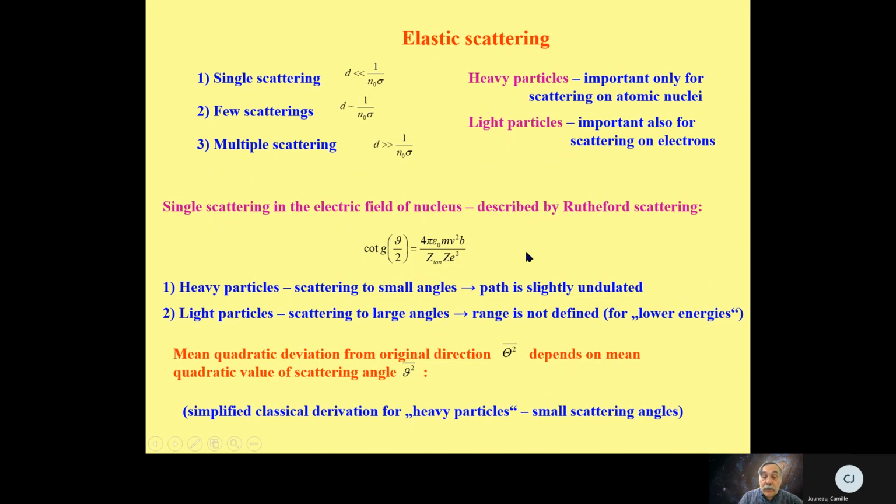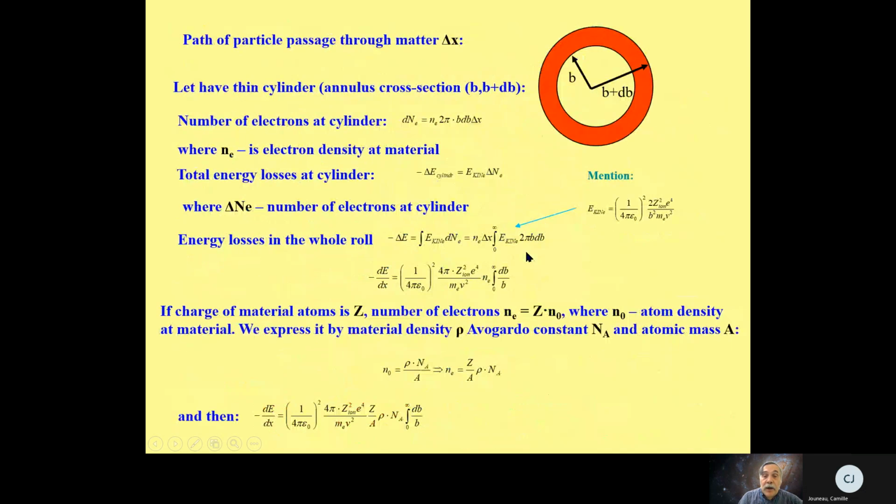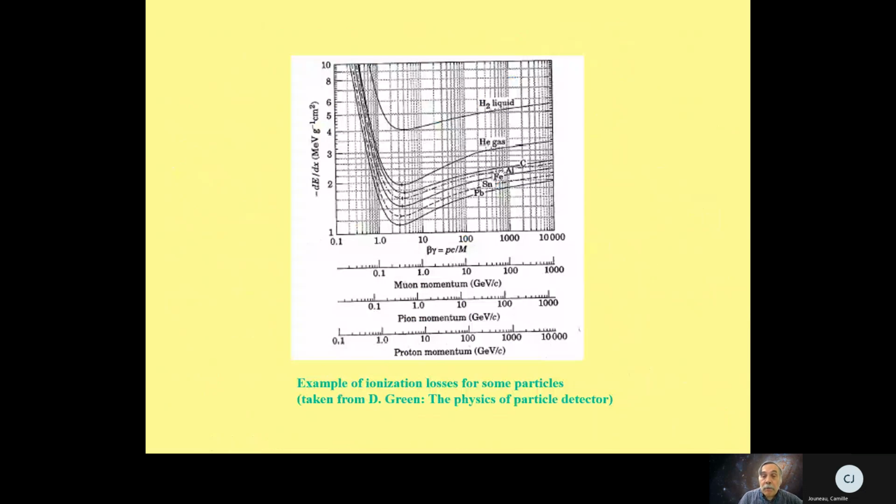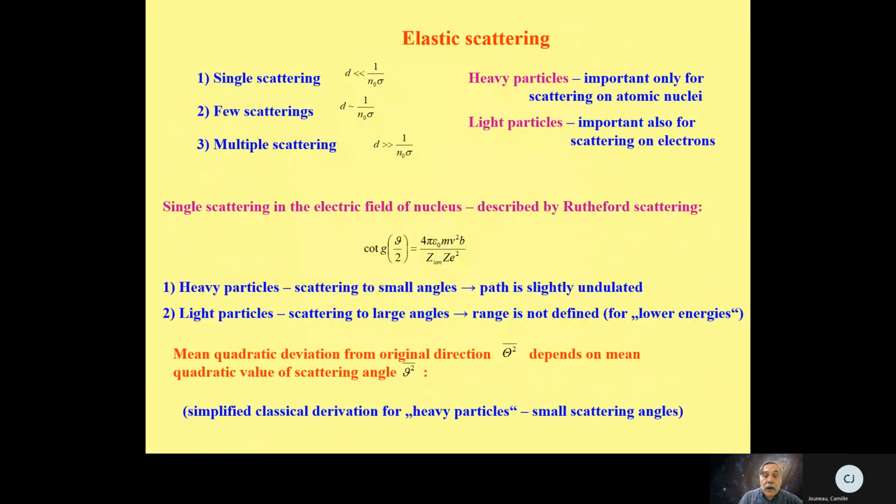Again, remember that the impact parameter is the smallest distance at which the particle would pass if there were no interaction, only moving around.